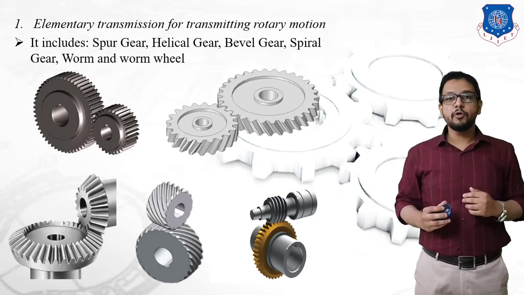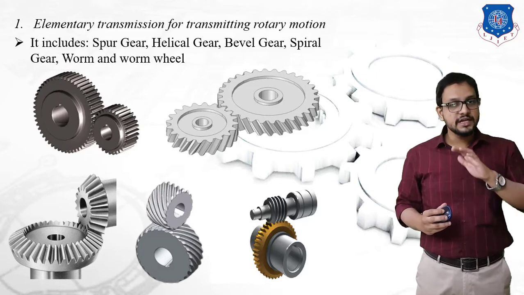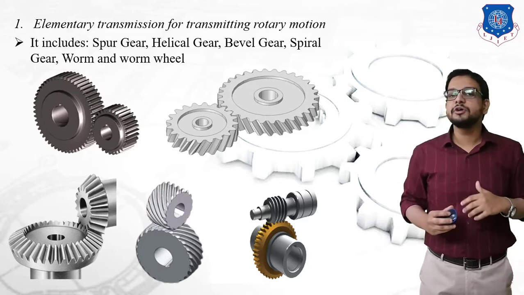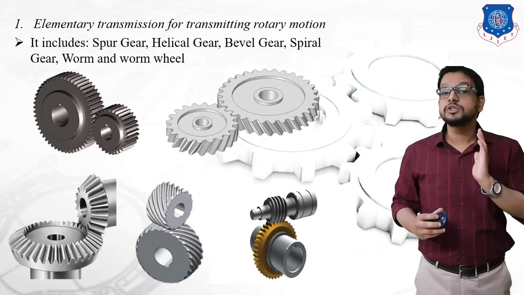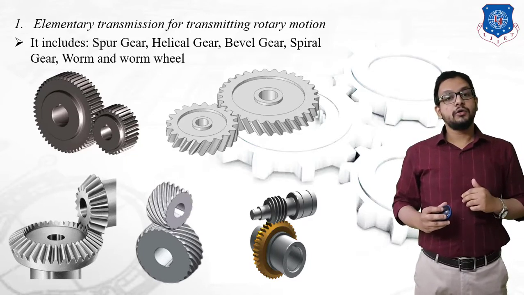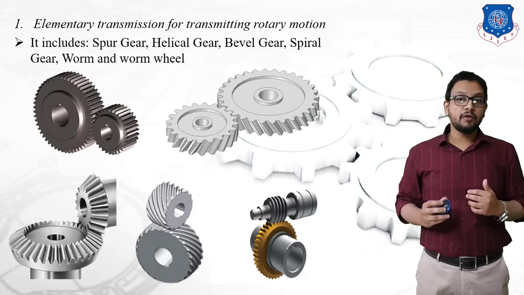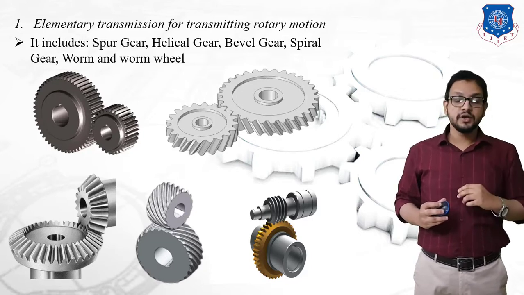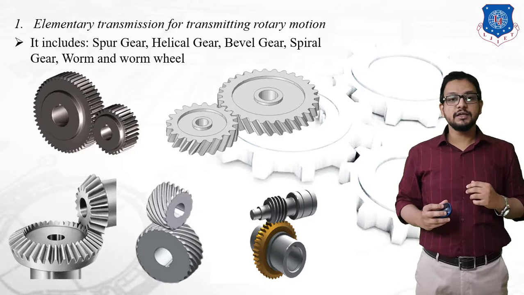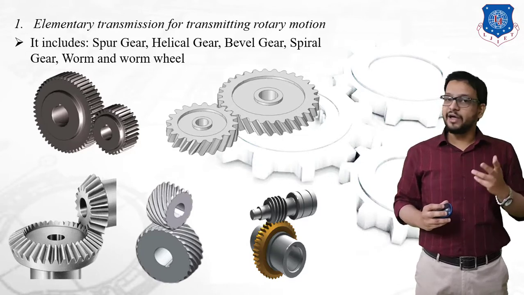Now, when a positive drive is required, that is, when no slip is required between the driving and driven shaft, then gears are most suitable. Okay. Now, when we need to transmit power between two parallel shafts, then a spur gear is suitable. That is, a spur gear has the characteristic that its teeth are parallel to the axis of the shaft.